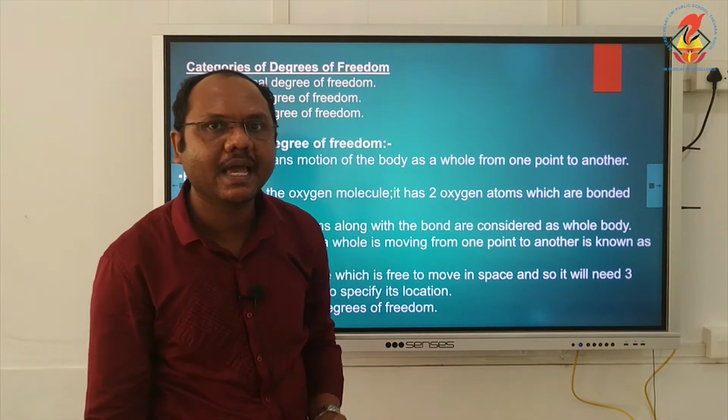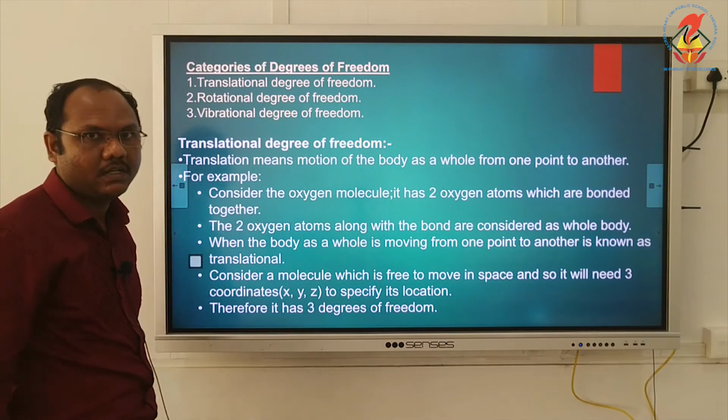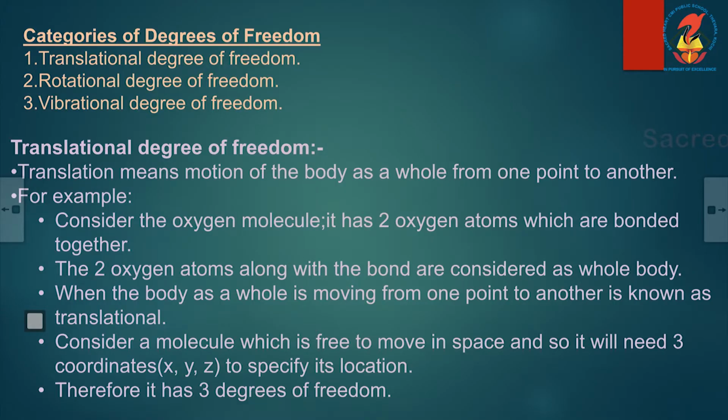So there are 3 axes in which it can move in a straight line. So the translational degree of freedom is 3. That is what I have written here. A molecule which is free to move in space needs 3 coordinates, x, y, z. So it has 3 degrees of freedom. So that is about translational.